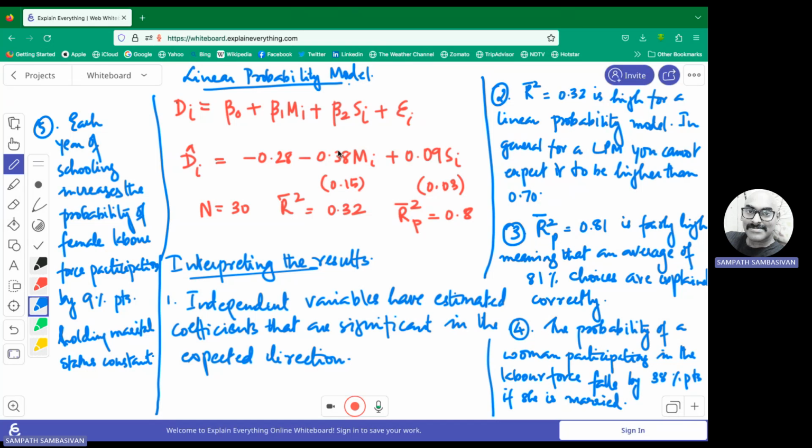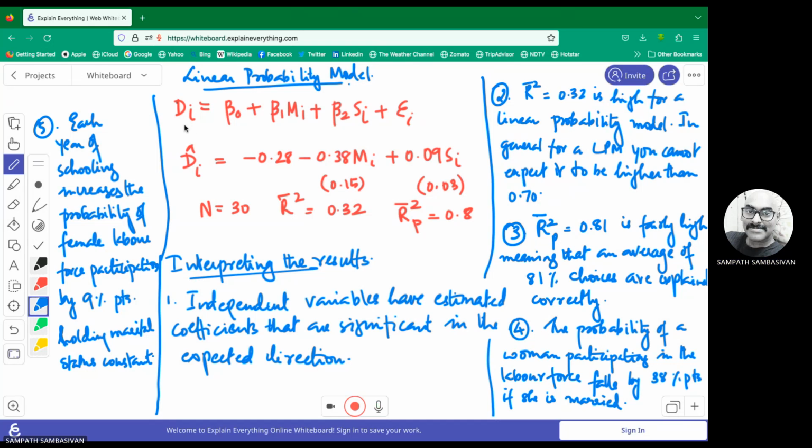You will be getting this type of an interpretation problem. This is very simple. We have discussed this while we were talking about linear probability model in the earlier recordings, but it is just to put things in perspective so that it becomes easier for you to interpret these things for the exam. That I thought I'll structure it this way.